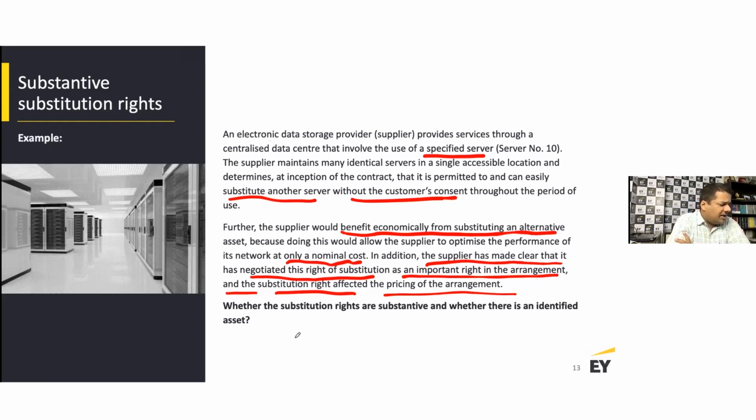The question here is whether these substitution rights are substantive and whether there is an identified asset. Of course, there is an identified asset, which is servers, right? There are a number of servers, but is there the identified asset, the particular asset, right?